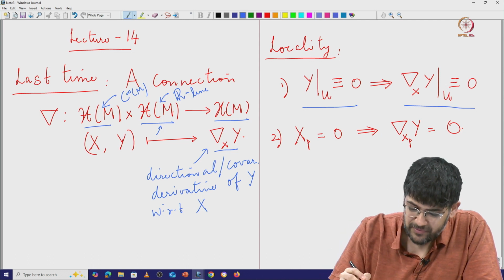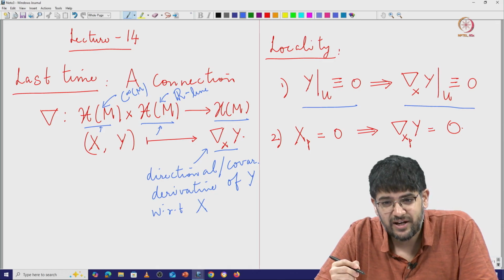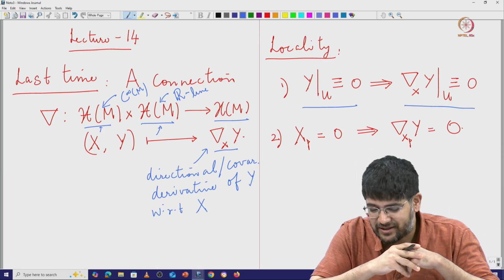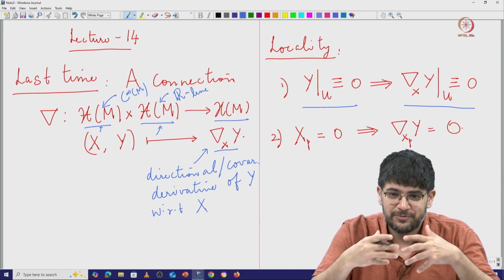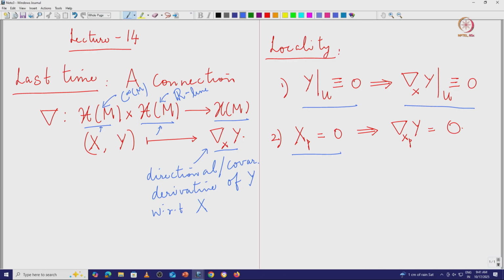But then because it's C infinity linear in the X variable, this imposes a much stronger locality with respect to X, namely if the value of X at a single point p is 0, then the value of the directional derivative of any vector field at that point is 0.